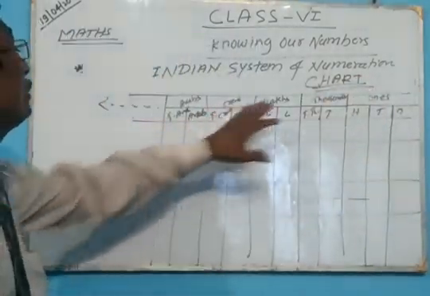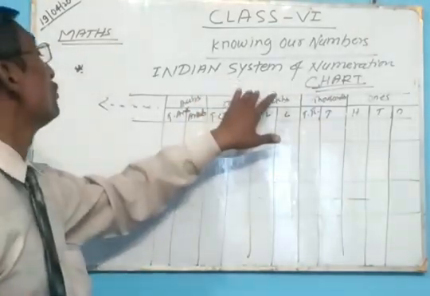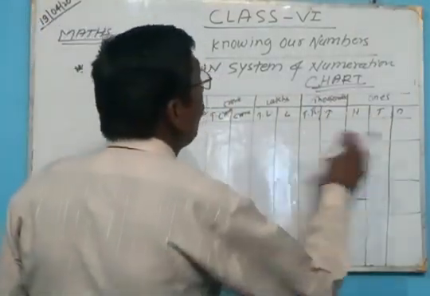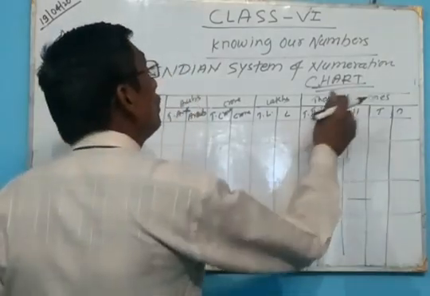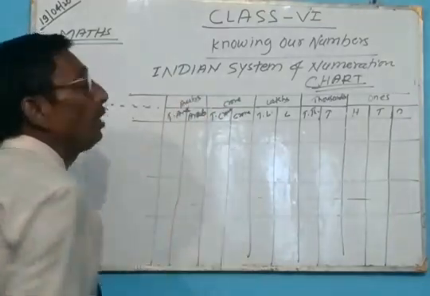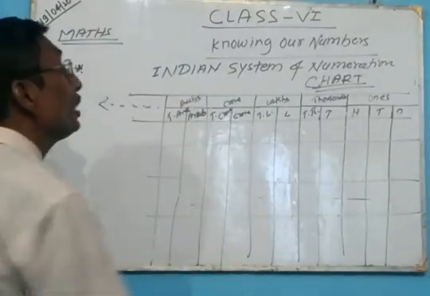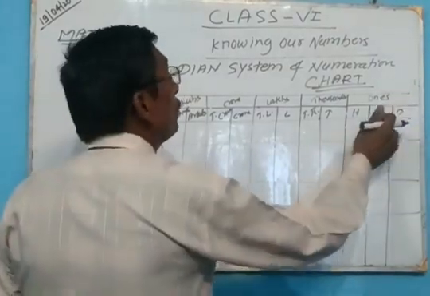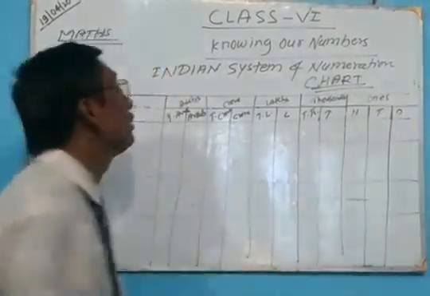What is the chart of the Indian system? In the Indian system, places are classified into ones, thousands, lakhs, crores, arabs, and so on. Ones is divided into three classes: ones, tens, hundreds.